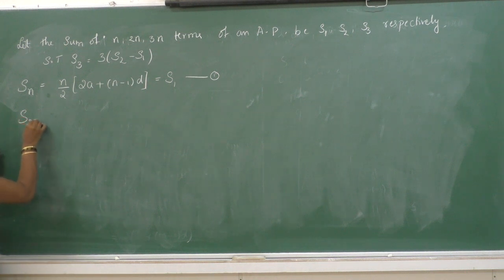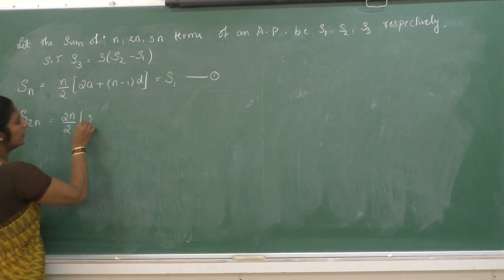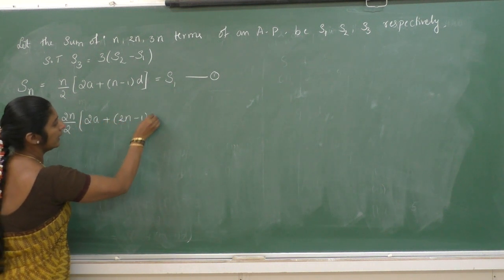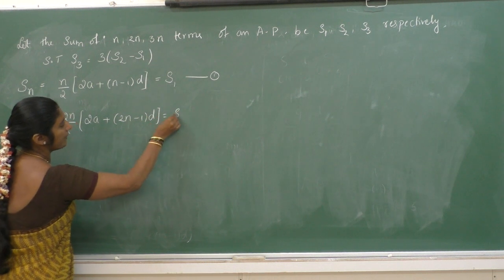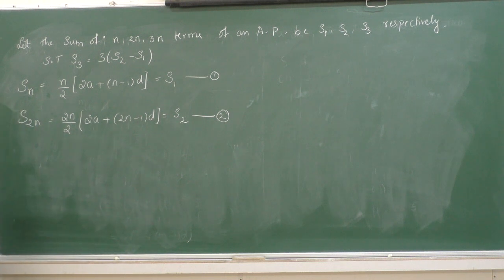Sum of 2n terms of the same arithmetic progression, that will be S2n is equal to 2n divided by 2 into 2a plus 2n minus 1 into d, that is represented as S2. Call this equation number 2.